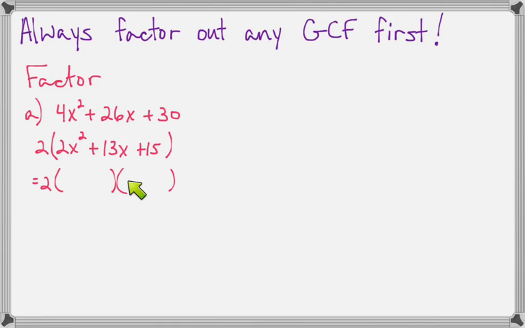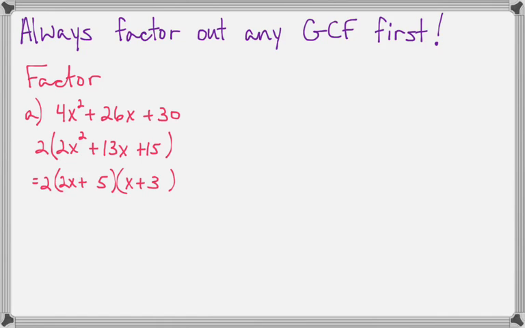So first times first needs to be 2x squared. So that's going to be 2x times 1x. The signs need to be the same, and they both need to be positive. So let's get our 2 plus signs here. Last times last has to be 15. So of course I'm going to try 3 times 5 first. Let's put the 5 here and the 3 here.